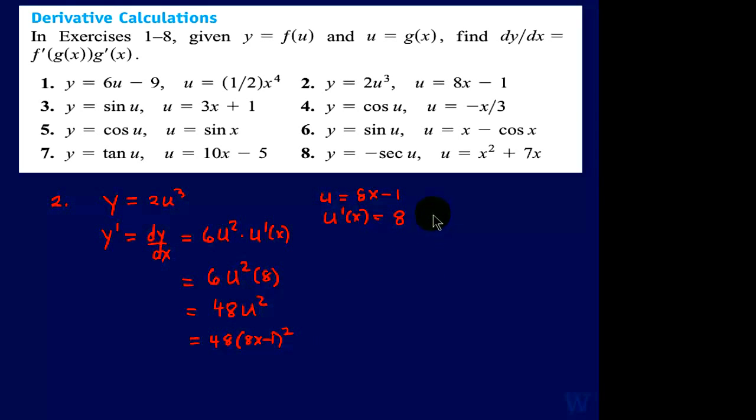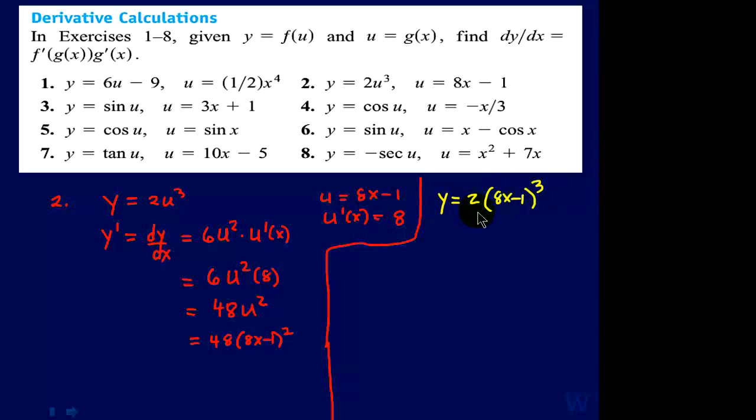Okay. Now, another approach that we can take is if I substitute right away what my u is. So y is equal to 2 times 8x minus 1 cubed.